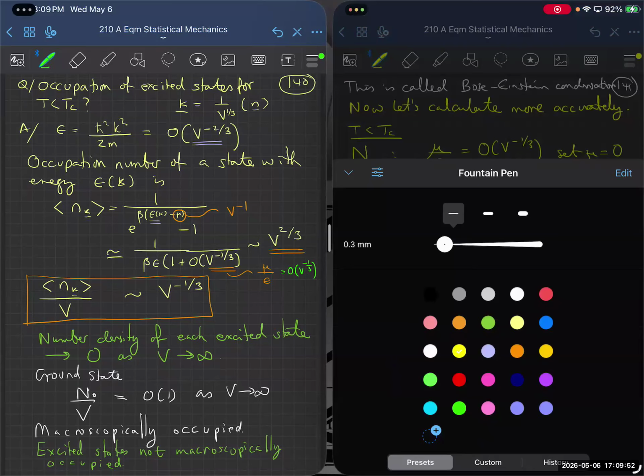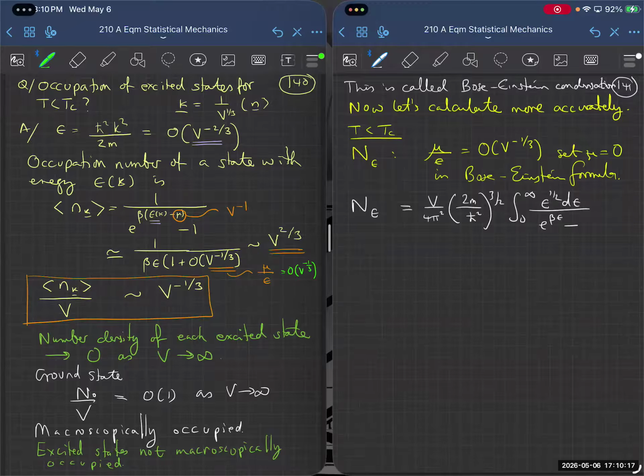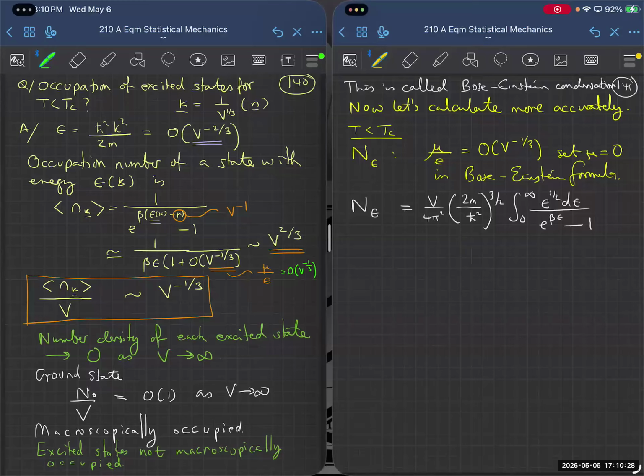And so then what I get is that N_epsilon, the number of particles in the excited states, is V over 4 pi squared, 2m over h bar squared to the 3/2, times the integral from 0 to infinity, epsilon to the 1/2 d epsilon over e to the beta epsilon minus 1. Now, you've seen this integral before. This was the integral we did to calculate the Bose-Einstein condensation temperature. And this integral now has beta in it, not 1 over k Tc.